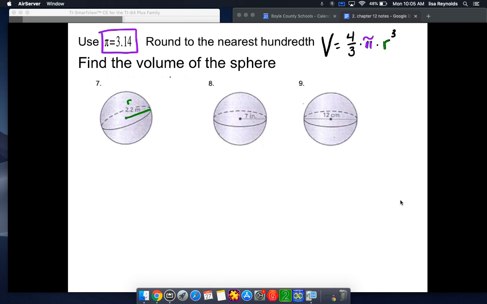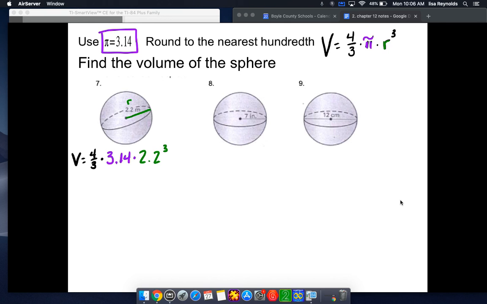So the volume is 4/3 times our value of pi. Directions say to use 3.14 times the value of our radius cubed.